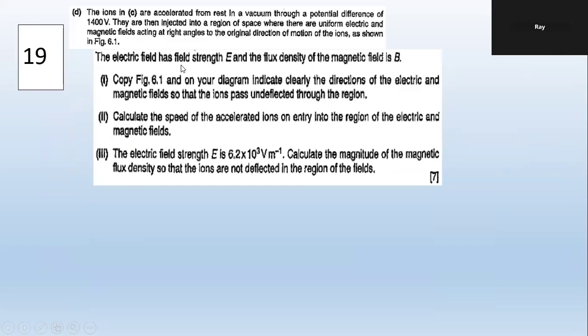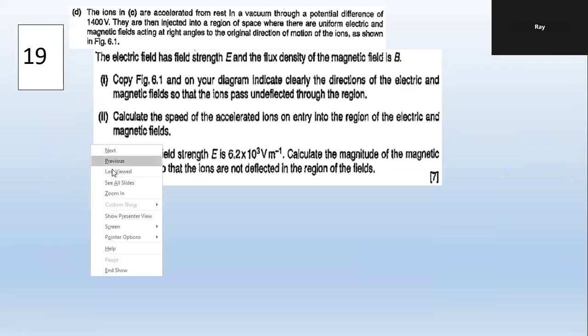The electric field has a field strength of E, and the magnetic field has a flux density of B. Copy the diagram and indicate clearly the direction of the electric and magnetic fields so that the ions are undeflected in the region.